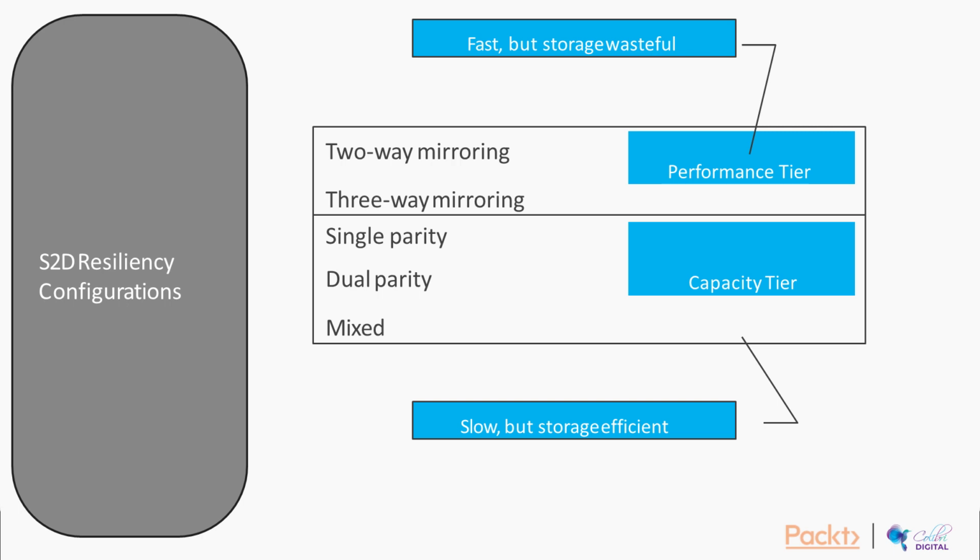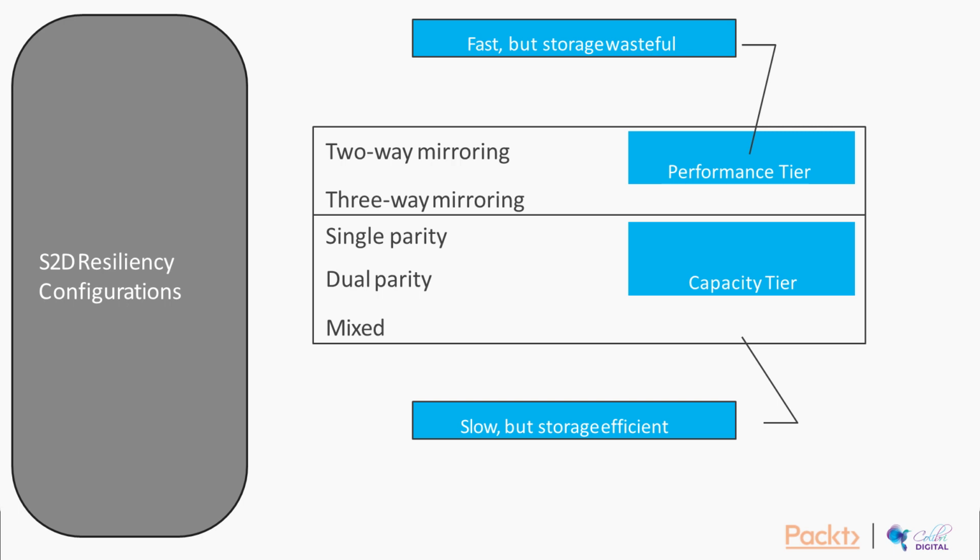And so Microsoft really wants you to split your data between a performance tier that's made up of mirrored drives and a capacity tier that's made up of drives that perhaps don't waste so much data, right? You can see here that the performance tier is designed to be very fast. So if you have regularly updating data, very hot data, it tends to get pushed into that performance tier.